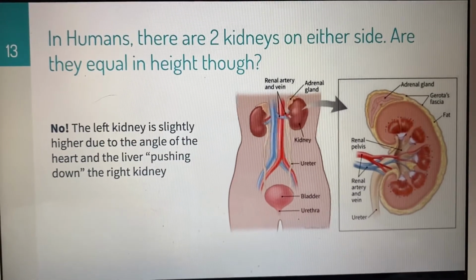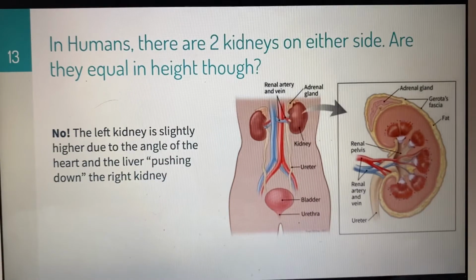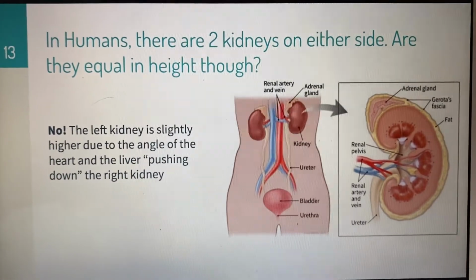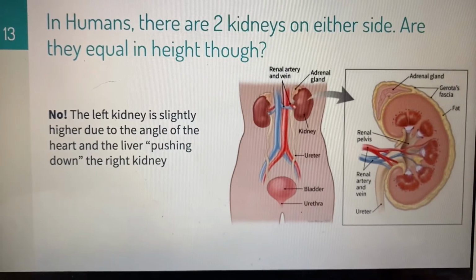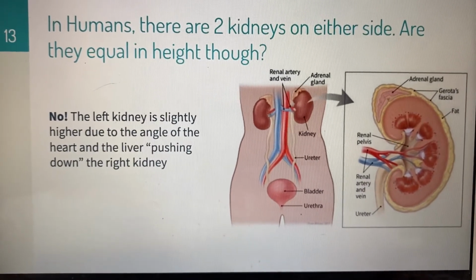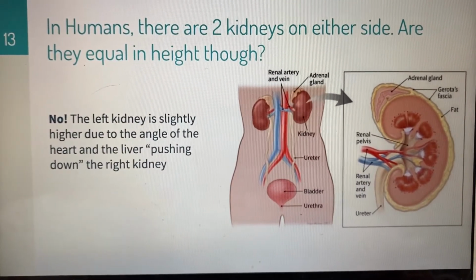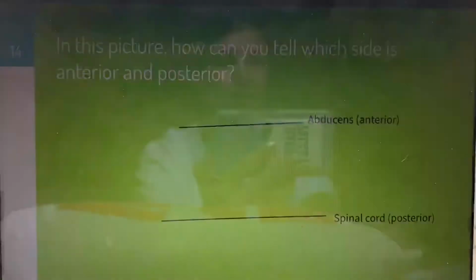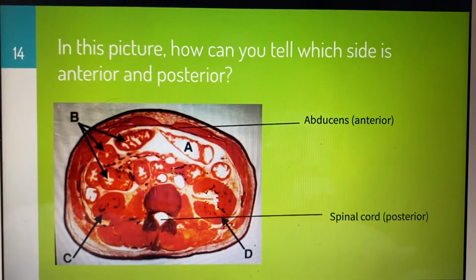The left kidney is actually slightly higher due to the angle of the heart and the liver pushing down, so to speak, on the right kidney. So that's always something that you can use to help position yourself in the body. I know I definitely have used that, so something to think about.